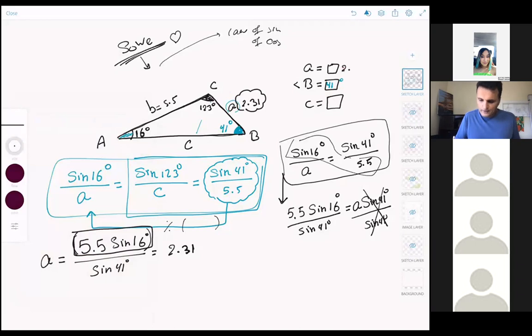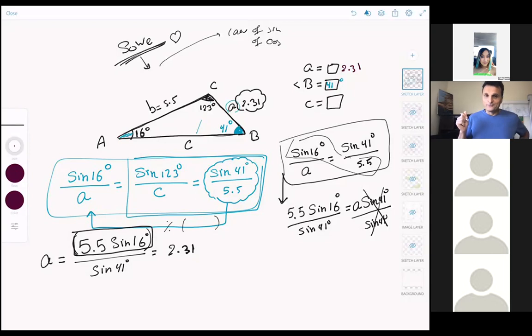It is 2.31. How do we solve for C now? Law of sine again. Very good. So no Pythagorean, right?